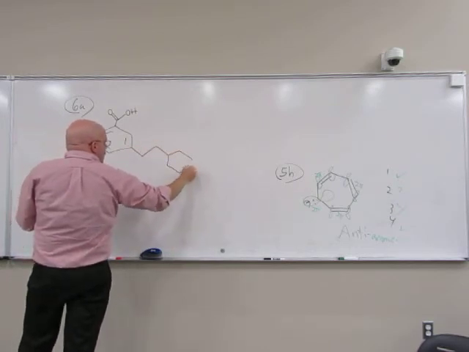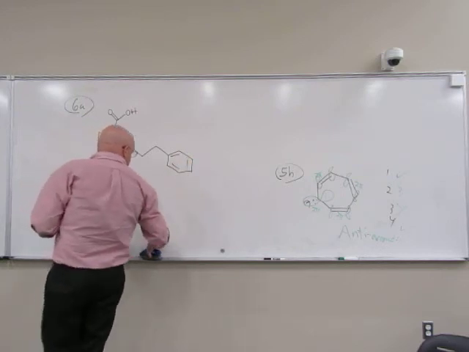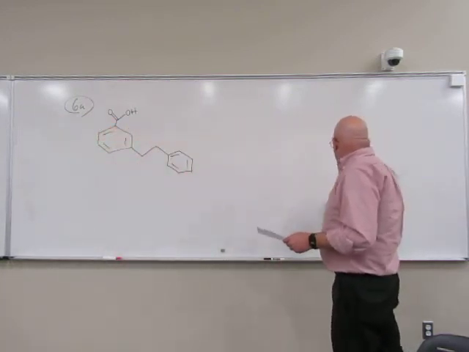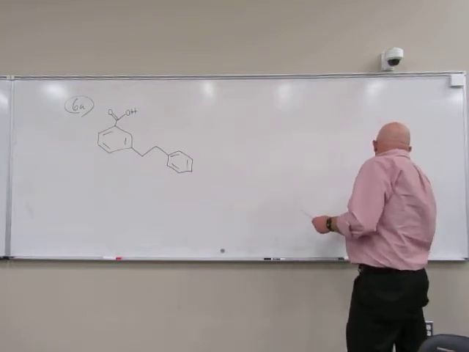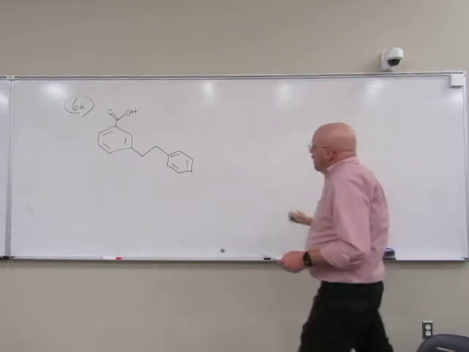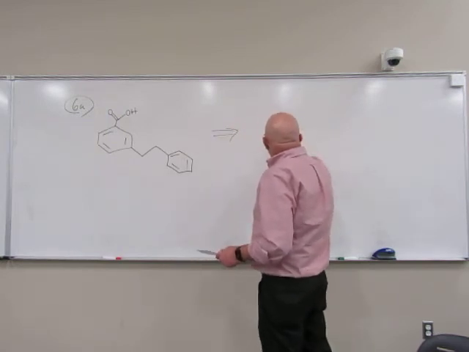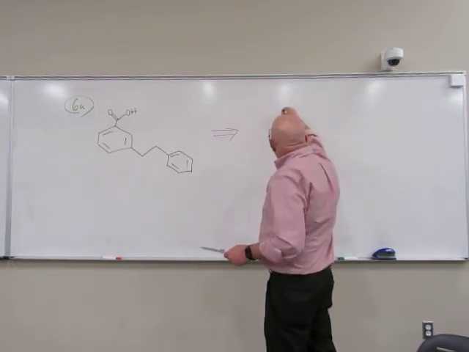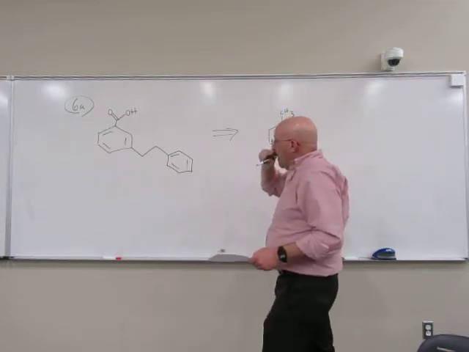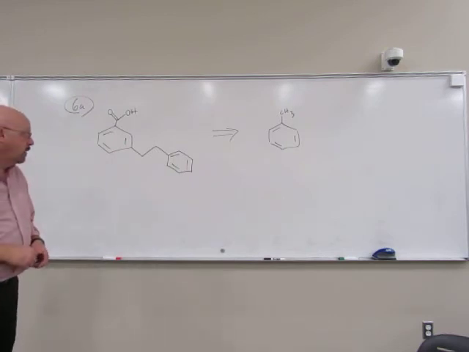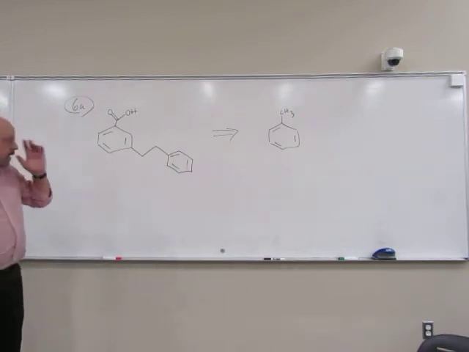It says start with toluene and design a synthesis for this molecule. Okay, so we have to start with toluene. Let's see what we can do here. Let's see what we've got.